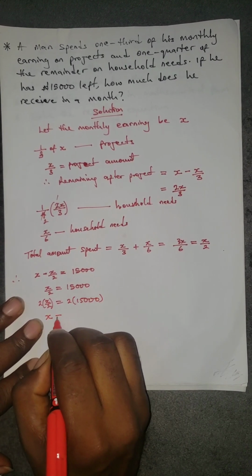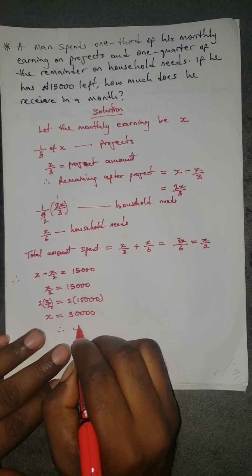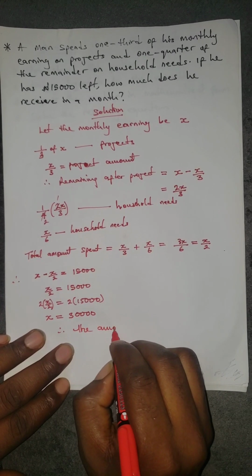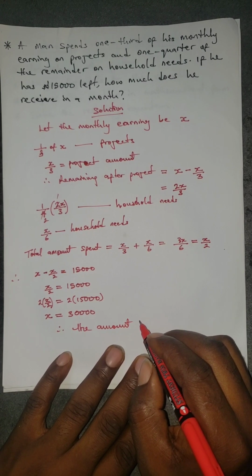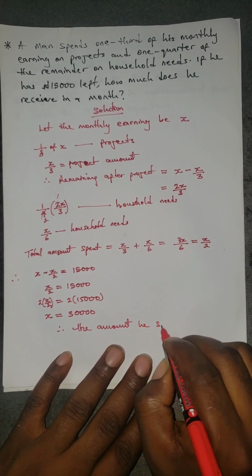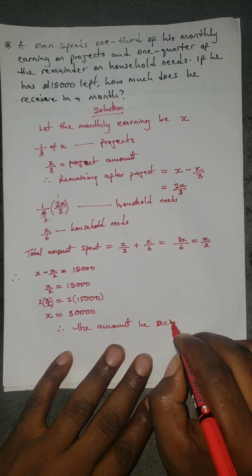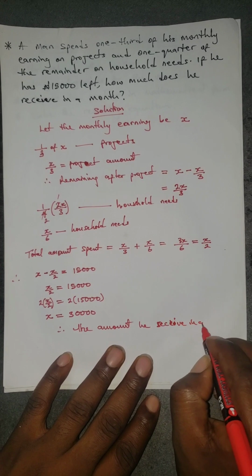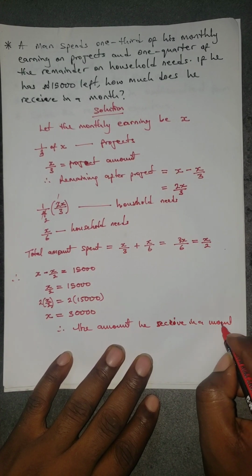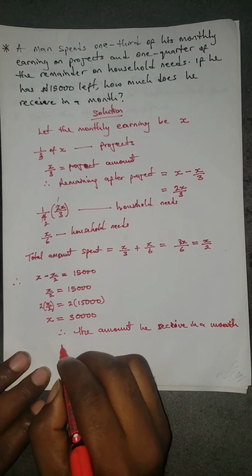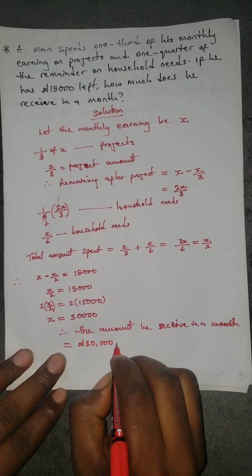So that will give us S equals 30,000. Therefore, because this is a word problem, you have to conclude your answer. So the amount he receives in a month is equal to 30,000 naira.